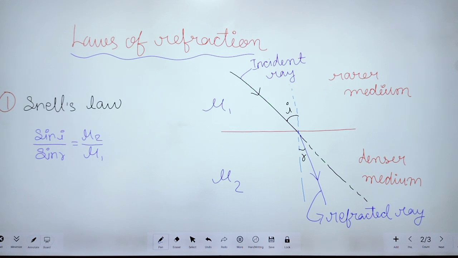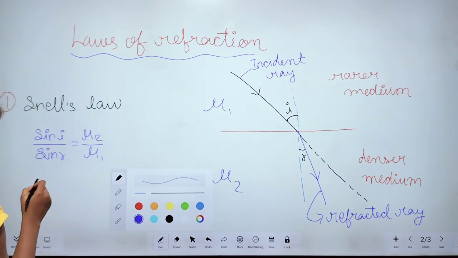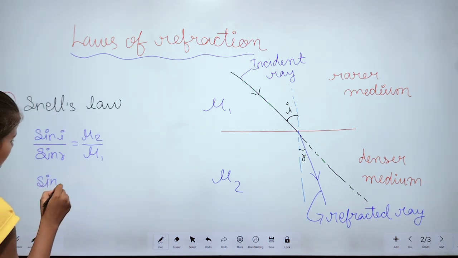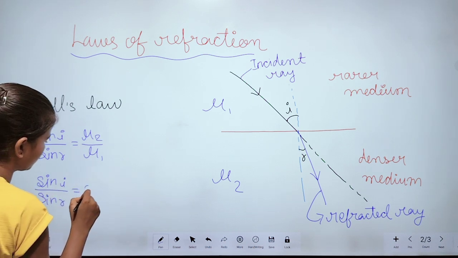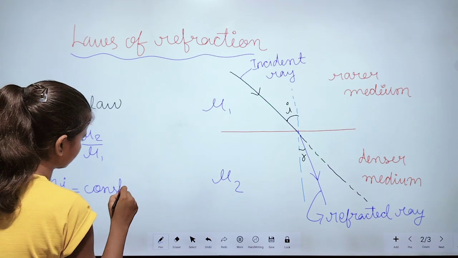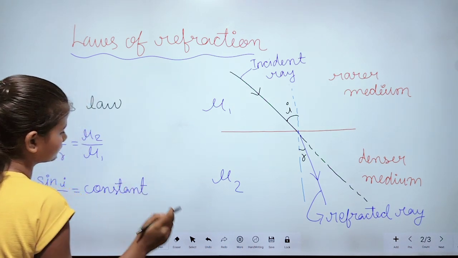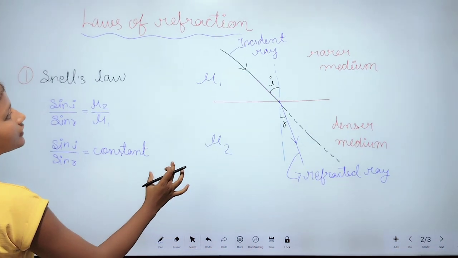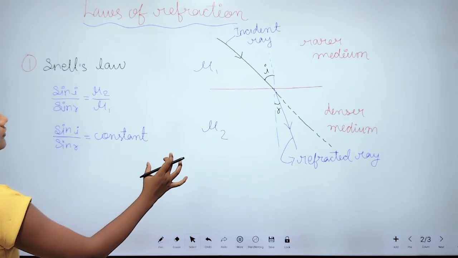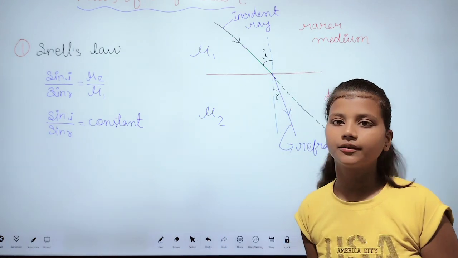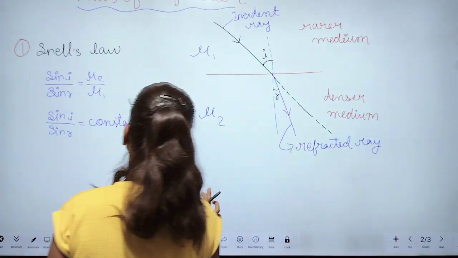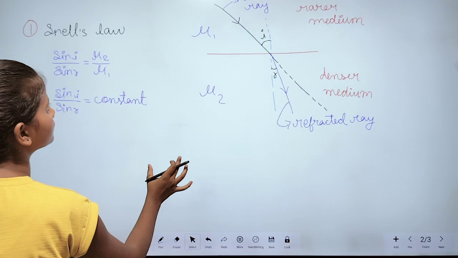Or you can also write it like this: sin i by sin r is equal to a constant. That is, sin i by sin r is equal to mu2 by mu1.